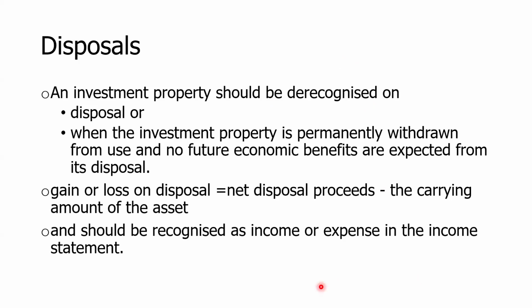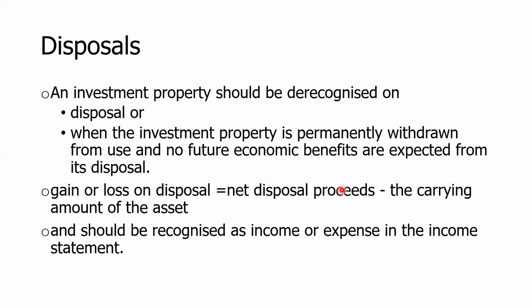It's the same as what we learned in financial accounting. It should be recognized in the income statement. If it's an expense, if it's a loss, you treat it as an expense. If it's a gain, you add it to other income to be added to the gross profit. Is that okay? Now, how do you determine the gain or loss on the investment property?